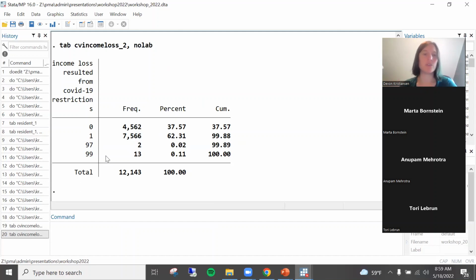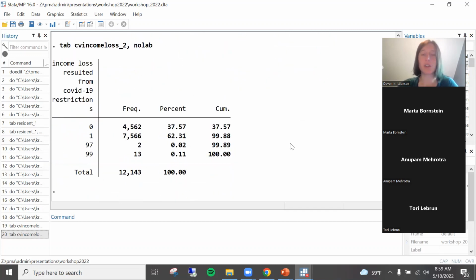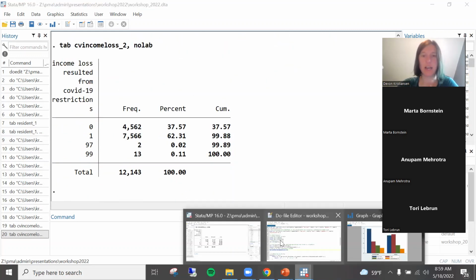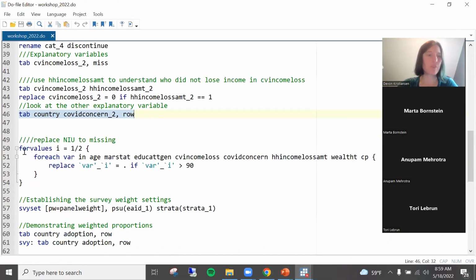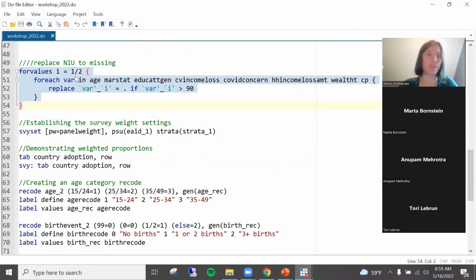We're not going to include these in our analysis because they're missing, or we don't have a valid value for them. So I have a loop here to remove all missing or not in universe codes out of our main variables, to just make them missing if they are NIU or not known or don't know. So I'm just going to run that to make things very clean. And I also run it so we get both the phase 1 version and the phase 2 version.